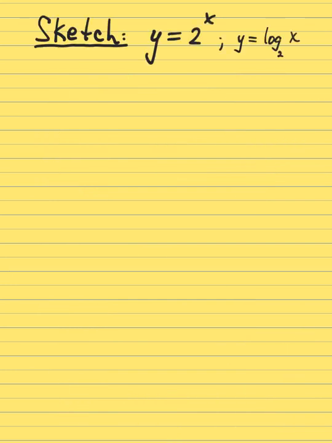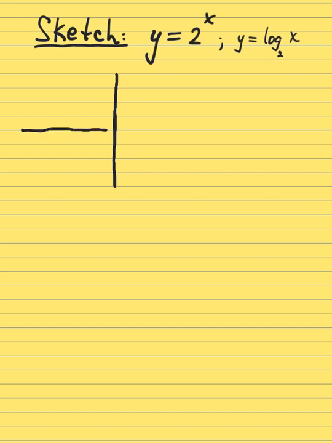In the previous video, we looked at graphing exponential functions. The inverse to those are logarithms. And so let's also remember that when you have inverse graphs, they are symmetrically split by the diagonal line y equals x.